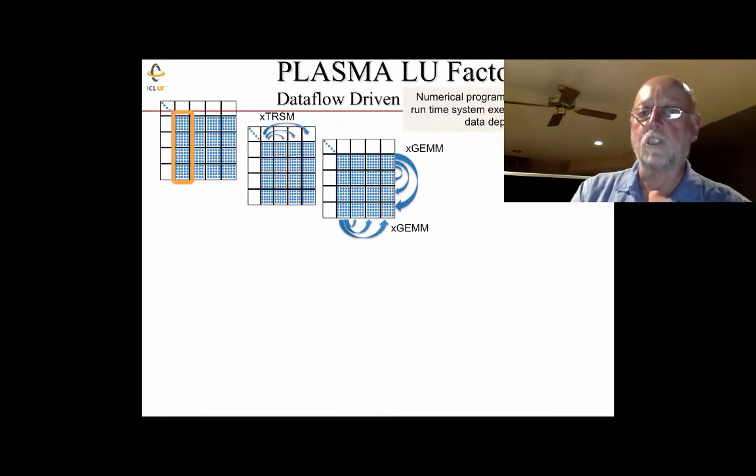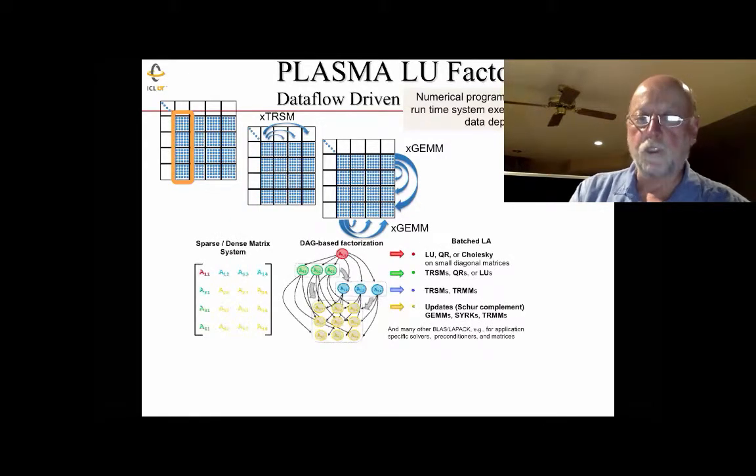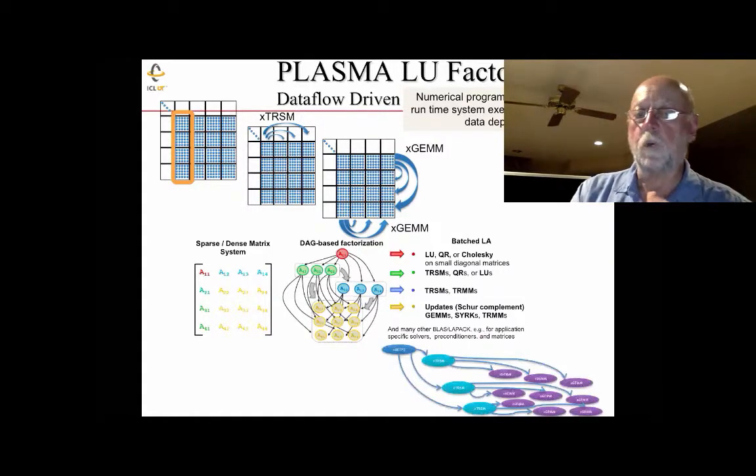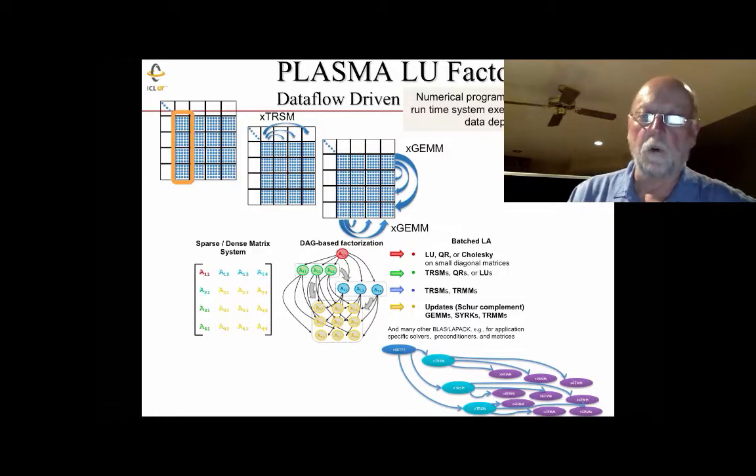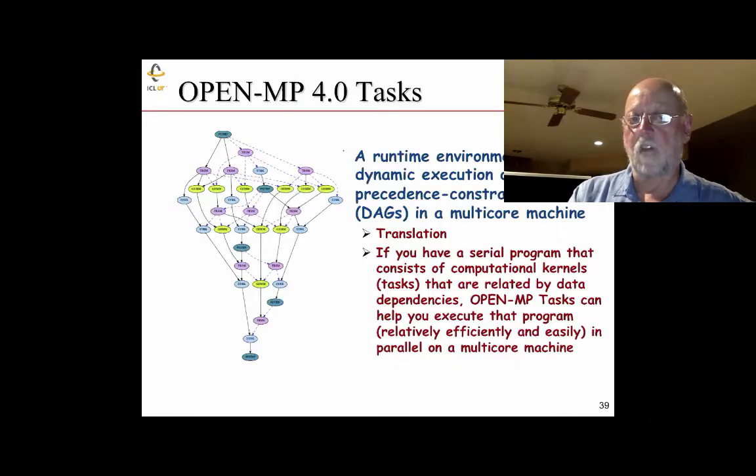That leads to a task-based approach, where you're exploiting the data flow nature of the computation, leading to a directed acyclic graph representation for the algorithm. So our algorithms today are being defined in terms of that data flow graph, driving the computation through a directed acyclic graph, trying to be as asynchronous as possible, still respecting the data dependencies of the overall computation.